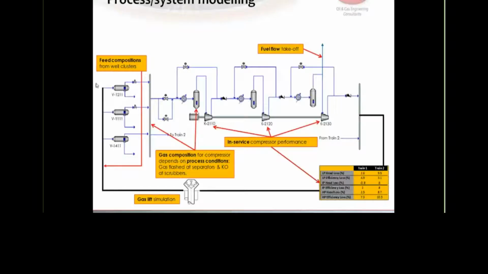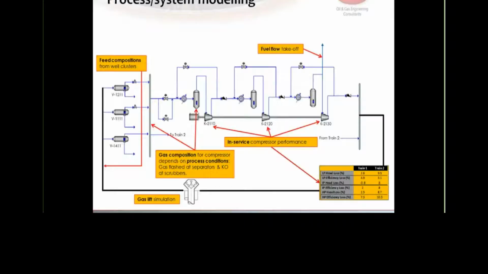We included the feed compositions from the different well clusters, so that we were able to simulate different operating conditions and regimes. The composition of the gas would change depending on which cluster was flowing, and that of course affects the conditions at the compressor suction, both composition and pressure itself.